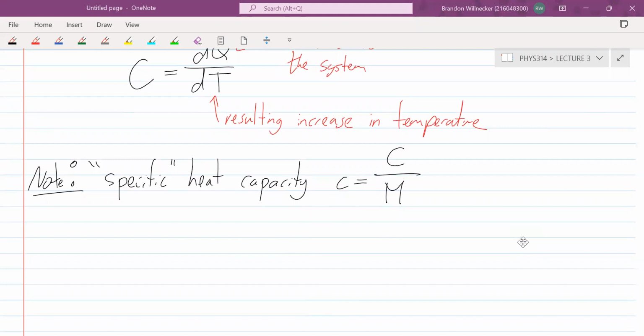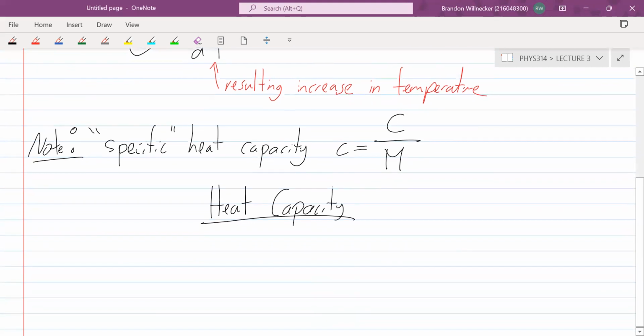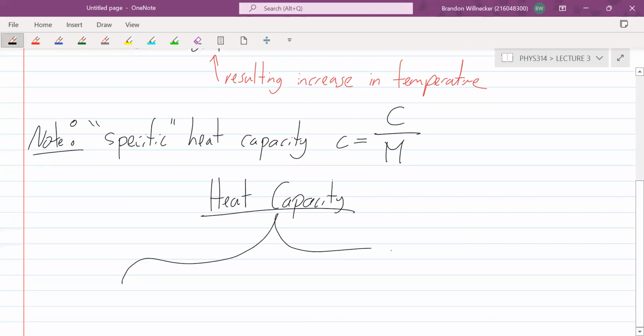Okay, so now I said earlier that there were two kinds of heat capacity. So the heat capacity is in two parts.